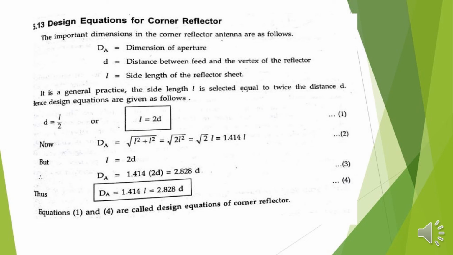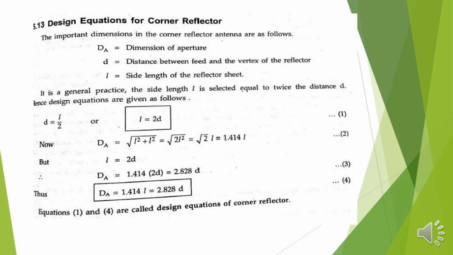Taking out the square, we get root 2 into L. Root 2 is nothing but 1.414, so 1.414 into L. We already know that L is equal to 2d. Substituting the value of 2d, we get 2.828d. So this is dA, the dimension of the aperture for a corner reflector antenna.